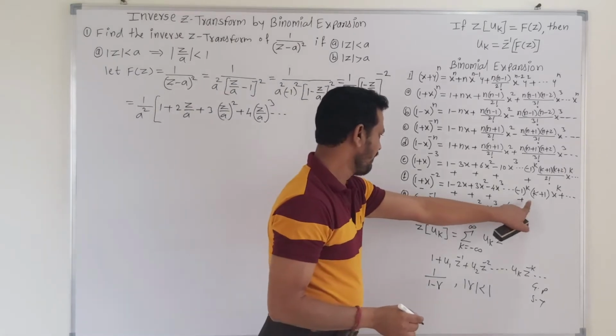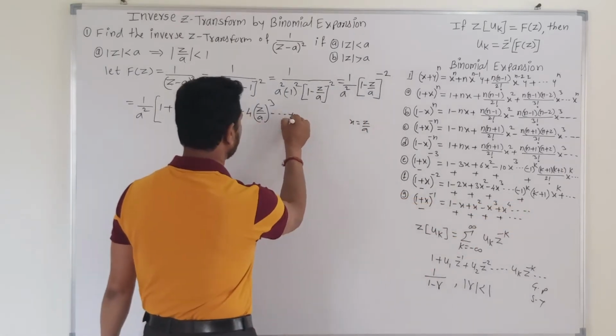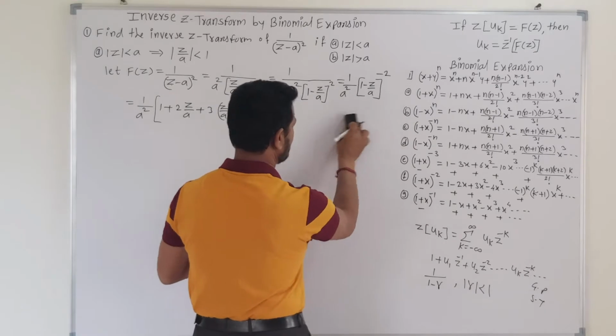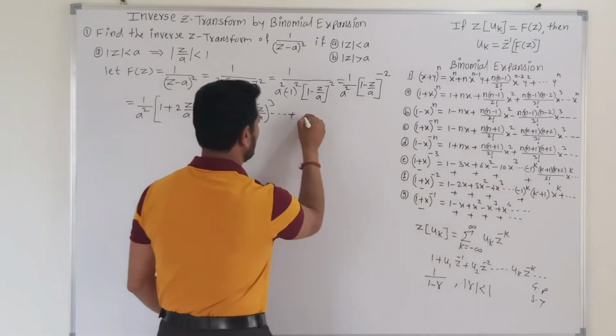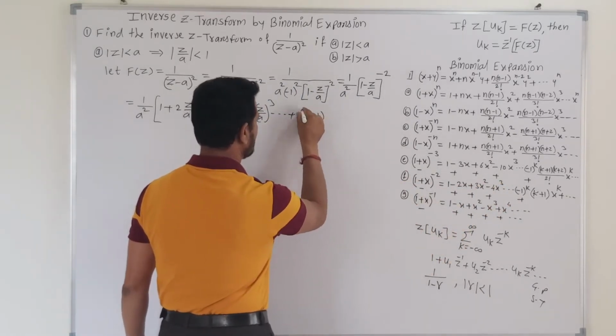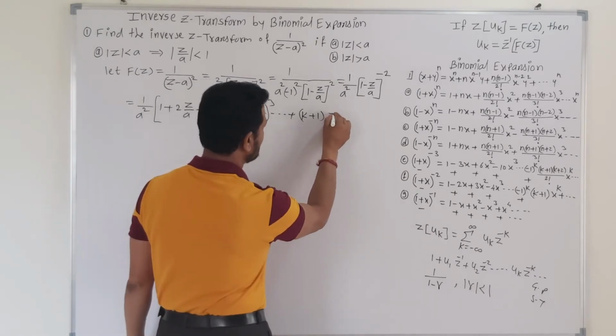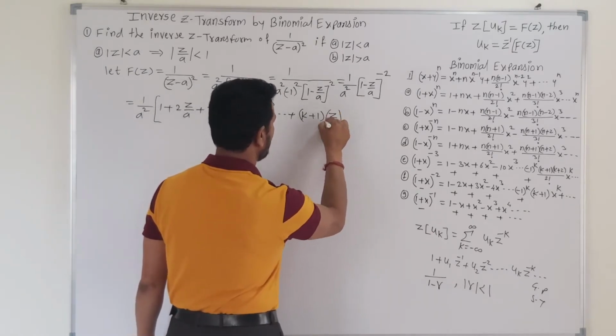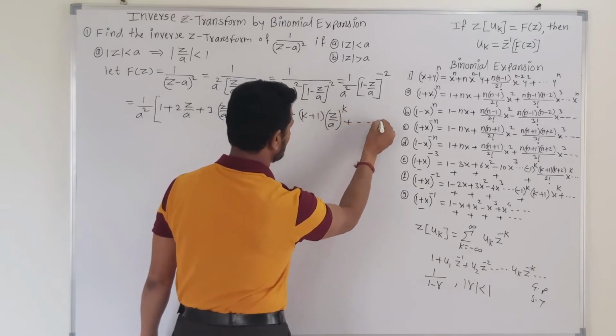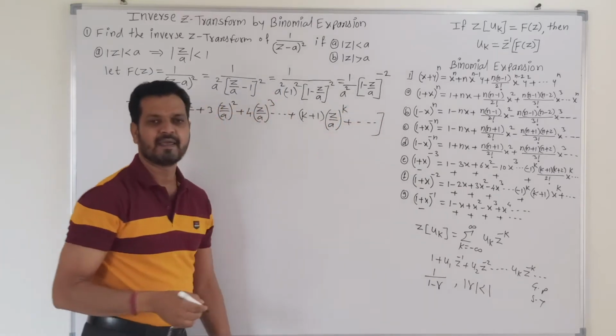So this is the result, 1 plus 2x plus 3x square plus 4x cube and so on. In general, we are writing this as plus k plus 1, x raised to k, which means z upon a raised to k, plus and so on. So this goes to infinity.